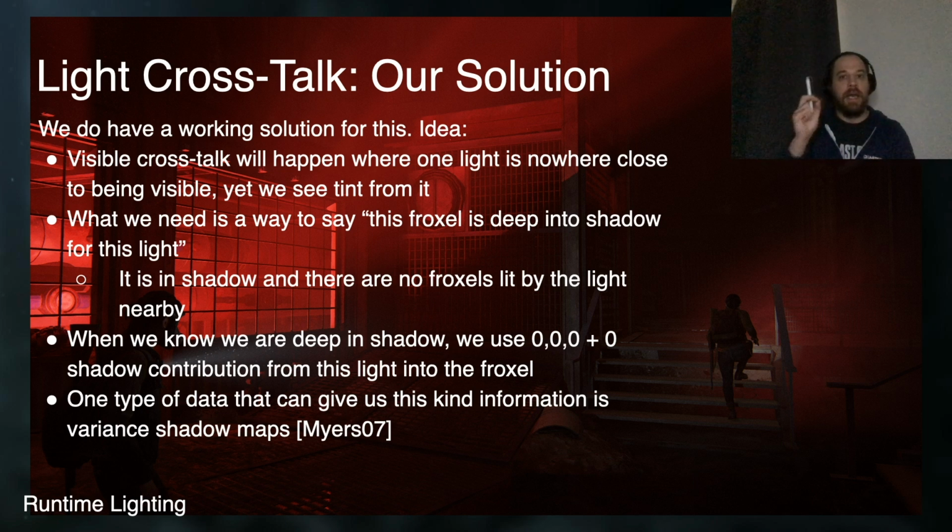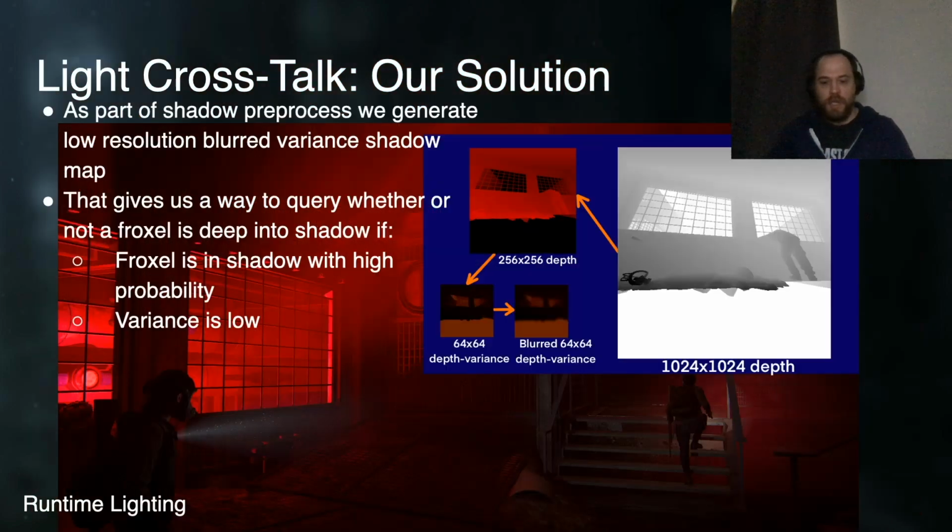If we can answer that, then in this case we just write 0, 0, 0 plus 0 into our RGBA values instead of the lighting value plus shadow term.